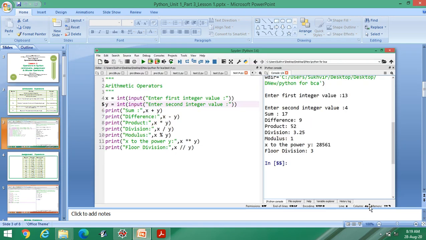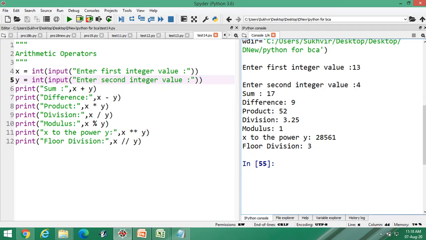It is the program. You can display all the contents simultaneously, and you can enter the data from the user end also. X is equal to int input, enter the first integer value. It means you can enter the value from the user end, and y is equal to int input, enter the second integer value.